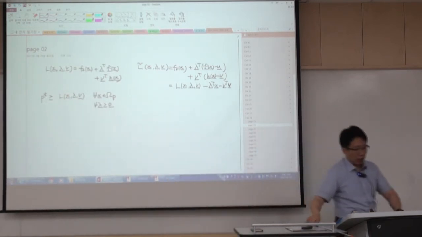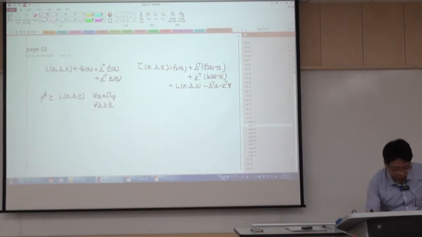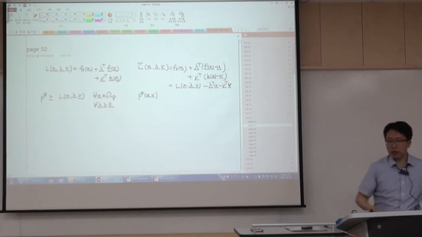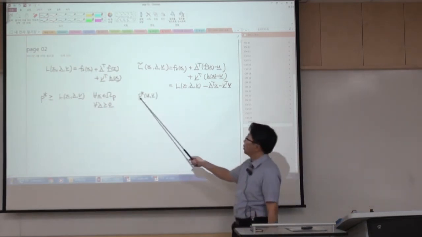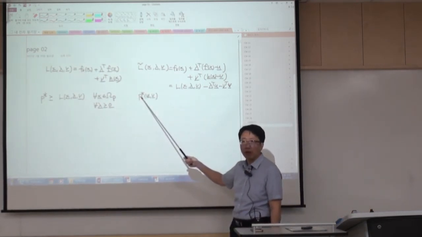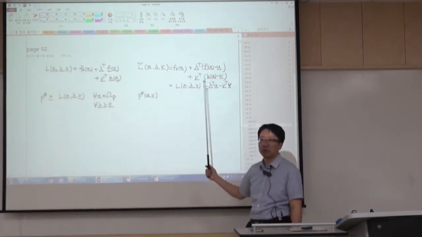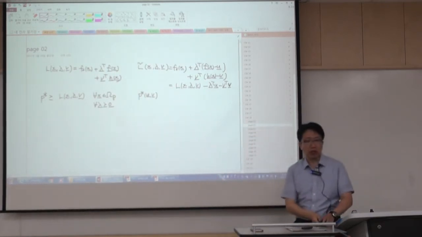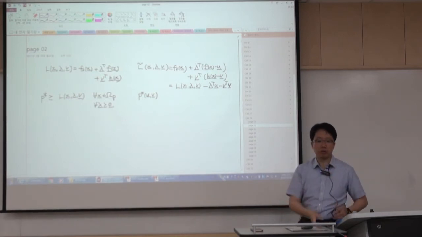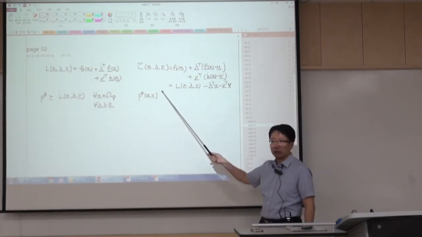And what can we say here in the perturbed problem? Let's say that the optimal objective function value of the perturbed primal problem is p star(u, v), because the optimal value depends on our amount of perturbation vectors u and v.